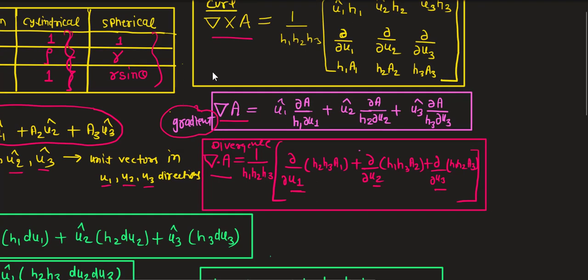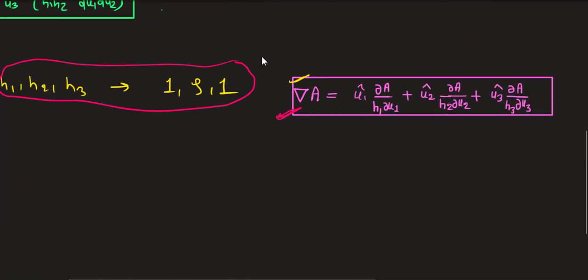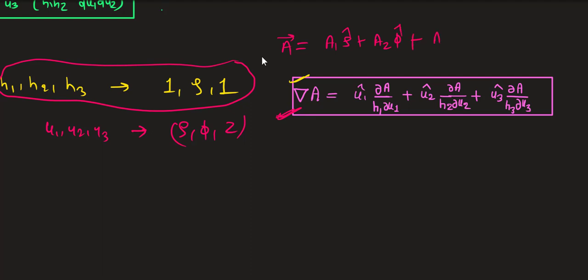Now let's apply. u1, u2 and u3 for the cylindrical coordinate system would be rho, phi and z. The vector in the general form will be given by a1 rho cap plus a2 phi cap plus a3 z cap.